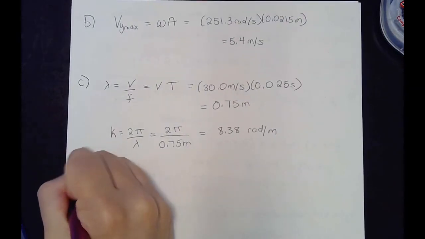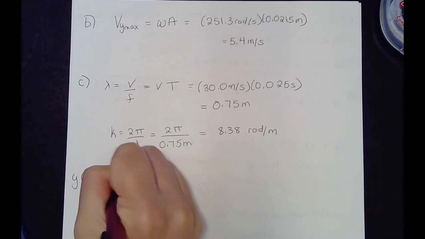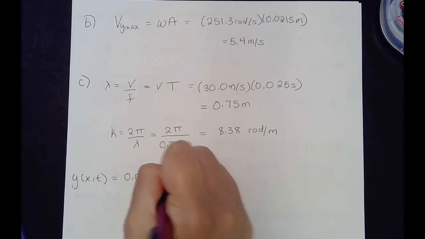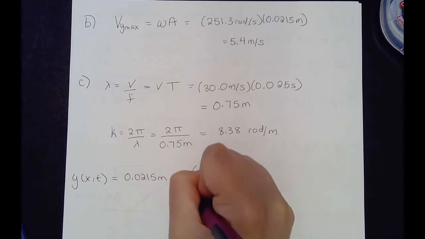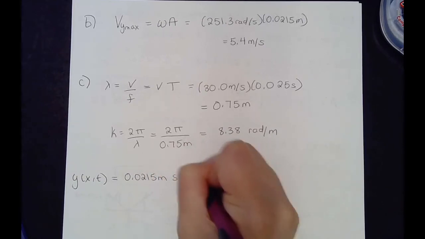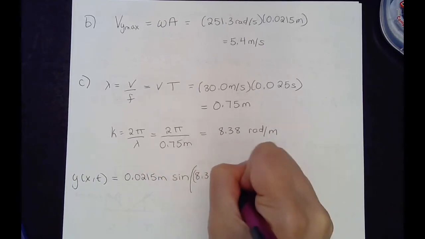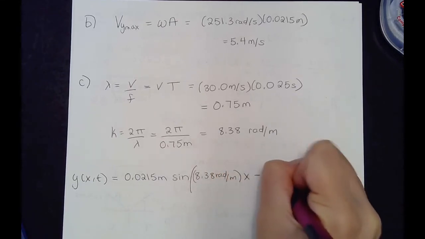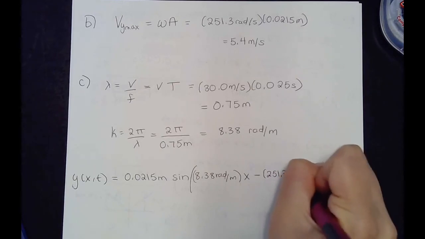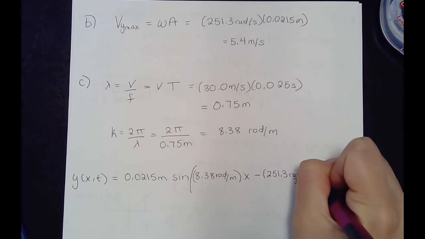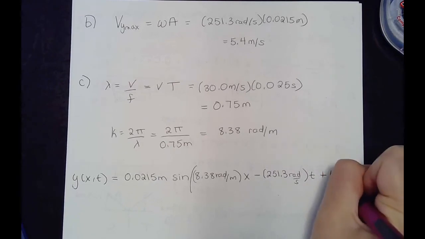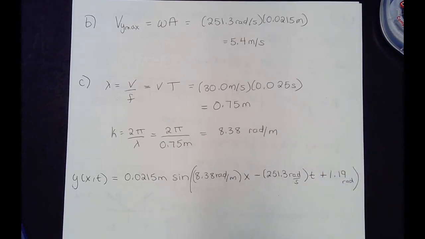So we have y(x,t) equals A, 0.0215 meters, sine(k, 8.38 radians per meter, x minus omega, 251.3 radians per second, t, and then plus phi, which is plus 1.19 radians for the phase constant. And we're done.